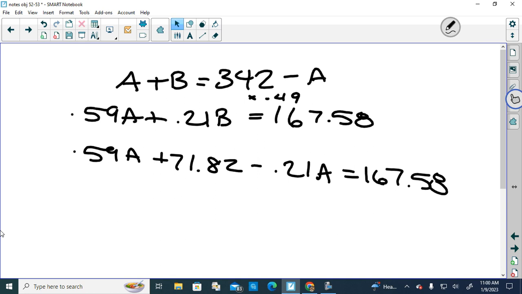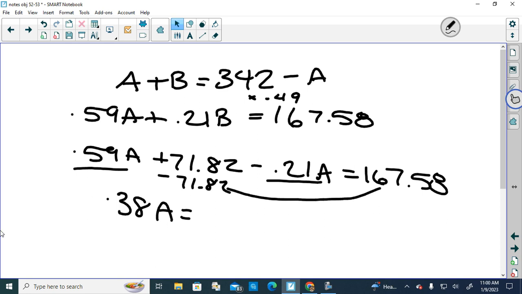You got that? Yeah. Okay, so now we're just solving for A. So subtract those two, you get 0.38A, and then subtract that over to the other side, which gives you 95.76.